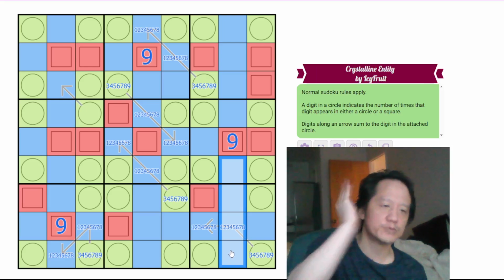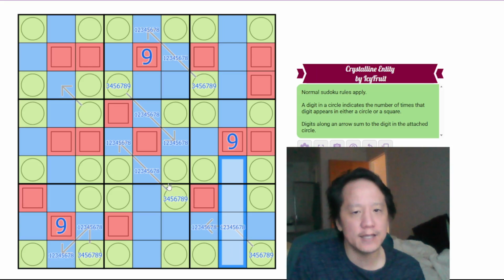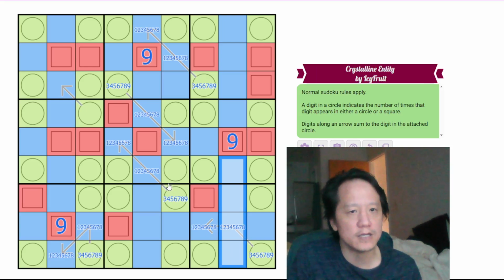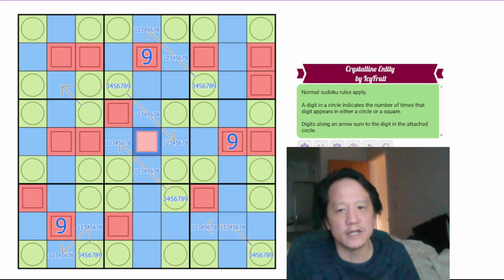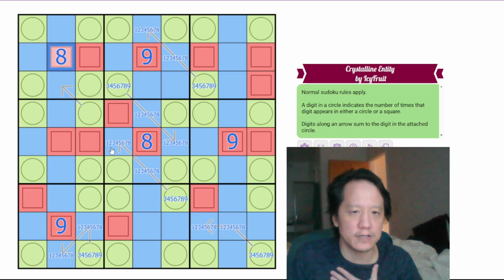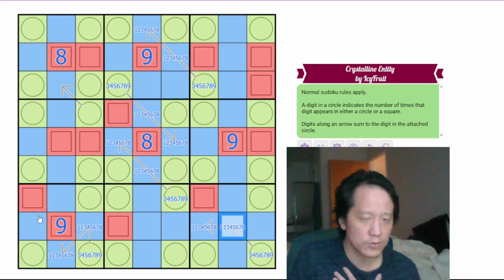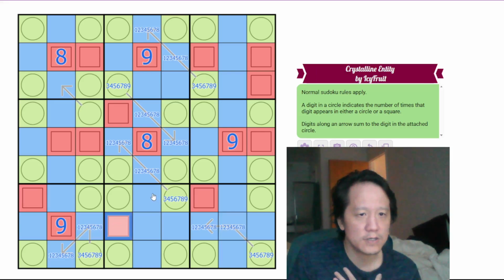That means in columns 1 through 7 and 9, the 8 has to be in one of those columns. So that means this is an 8. This 8 means this can't be 8, so that has to be an 8. There could be an 8 here, so that's not necessarily an 8.